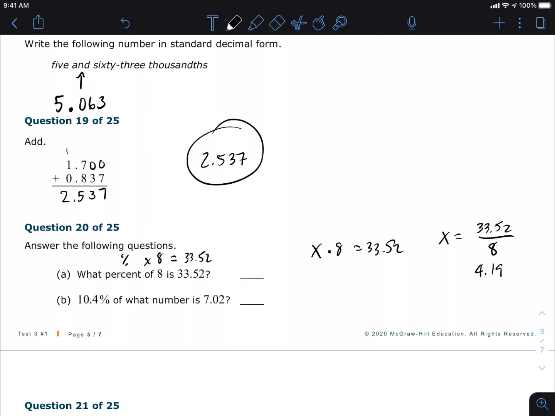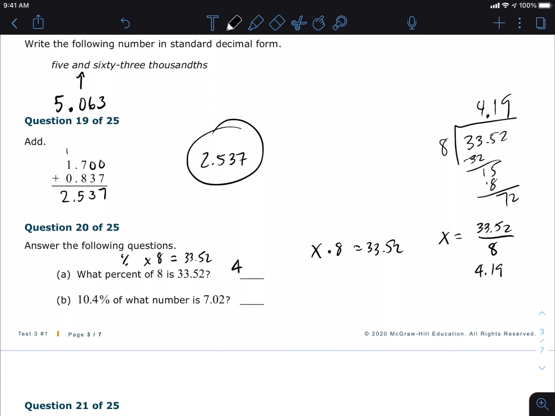So that's going to give me 4.19, and at this point I think you guys have that. Right, that's 4, that's going to be 32, so that's 15, that's going to be 1, 72, that's 9. Now, since it's a percent though, I need to move the decimal 2 to the right, correct?